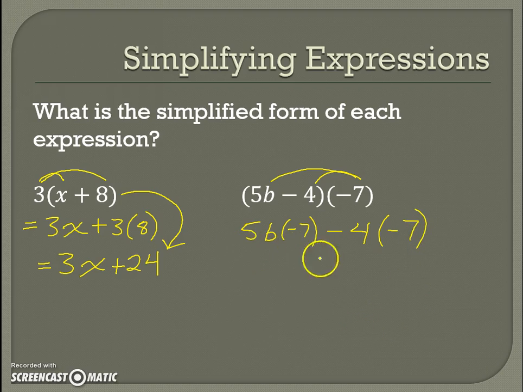This should look like the stuff that you just did on your quiz, where we use the commutative and associative properties, and we could actually multiply this thing out. And we get negative 35b. And over here, notice that if I kill subtraction to make that negative, I have a negative times a negative, which means this becomes a positive, so I get positive 28. Negative 35b plus 28. And I need to include my equal signs. All right, so here's a couple for you to try.